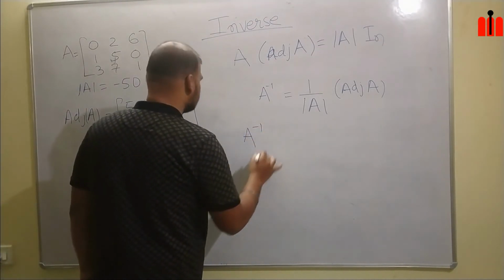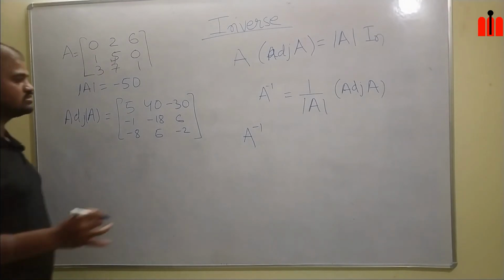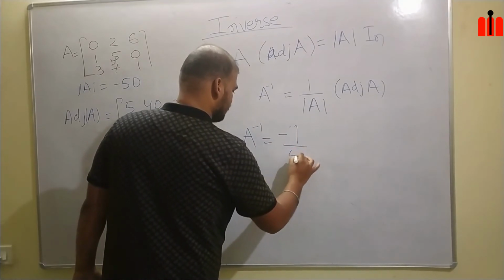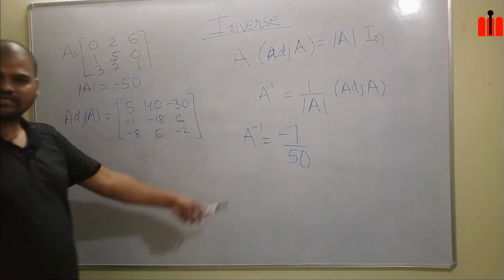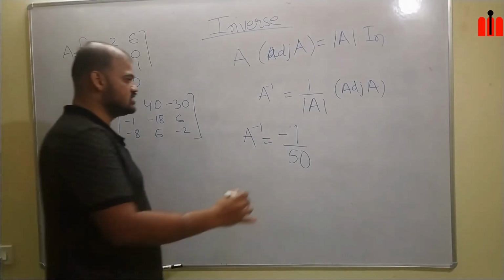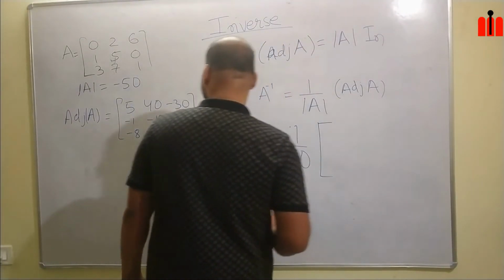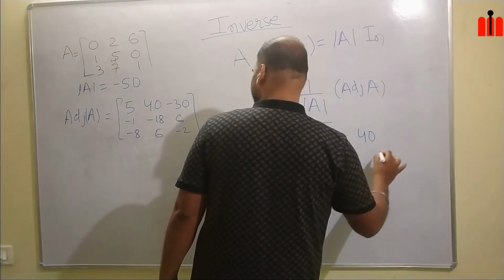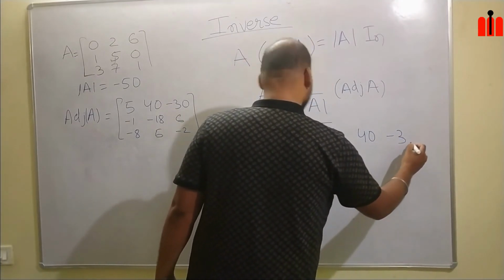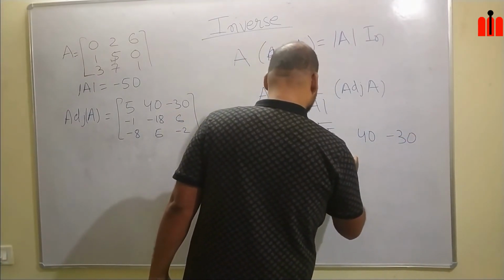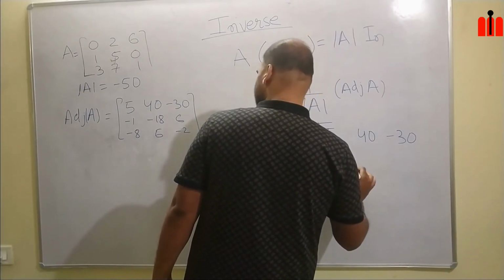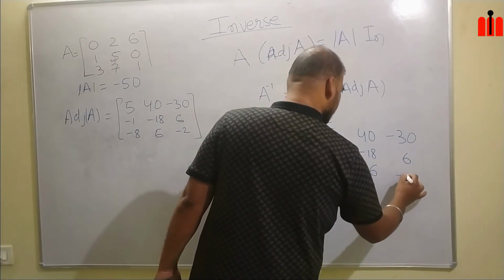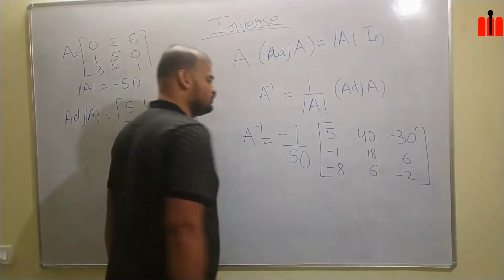The A inverse for this A matrix is minus 1 by 50, because det is 50, adjoint is 5, 40, minus 30, minus 1, minus 8, minus 18, 6, 6, minus 2.